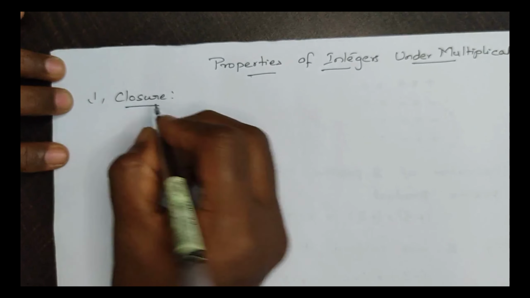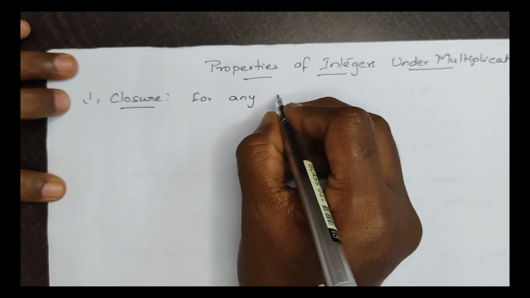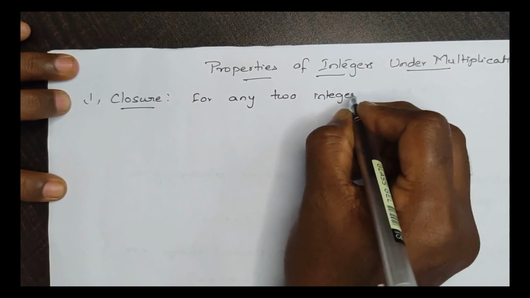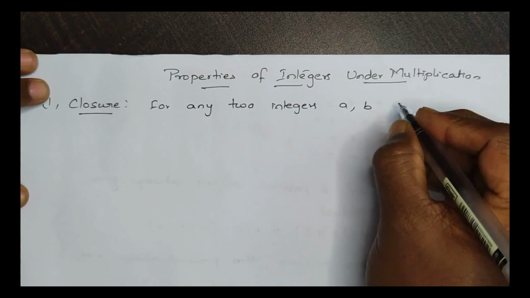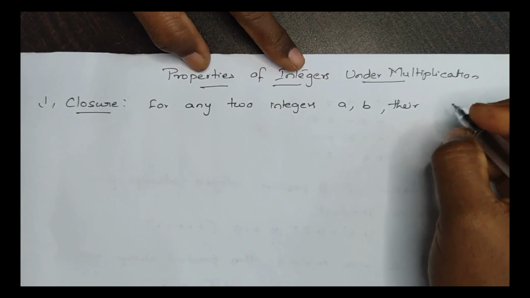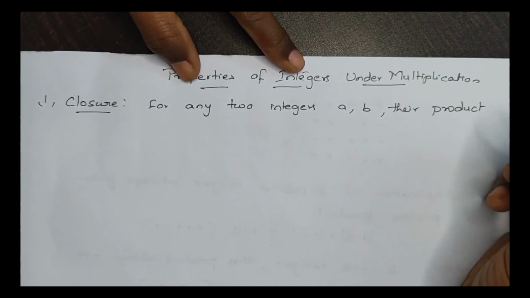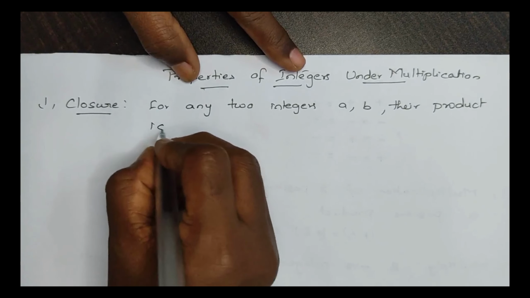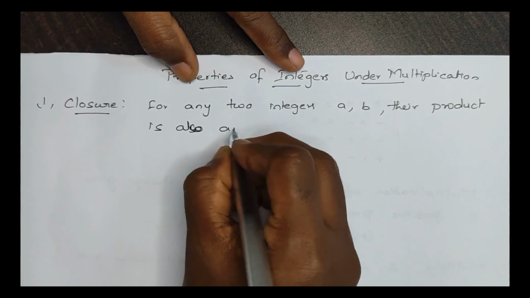So, for any two integers a and b, their product. Since it is multiplication, we use the word product. Product means you multiply, and whatever result you get is called the product. So the product is also an integer.